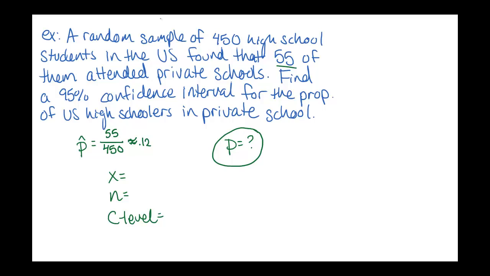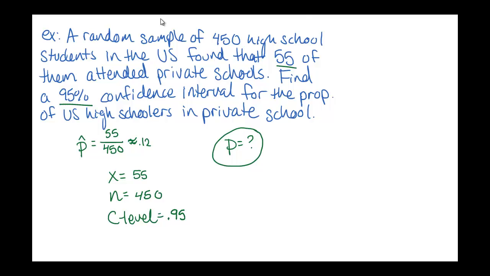So we're going to make a prediction with our confidence interval. The x value here is the number of people who did go to private school in the sample, and n is our total sample size, or 450. And we're going to use a confidence level of 0.95. In the homework problems, it should always tell you what confidence level you're using, but in practice, you would want to pick a confidence level that matches how much error you can tolerate and how fine of a prediction you want.